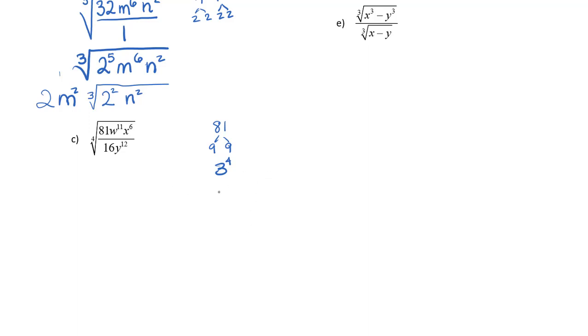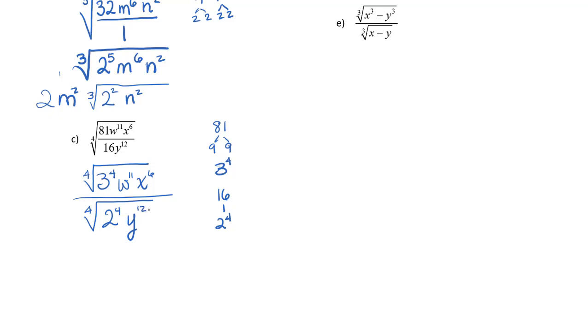And then 16, well, we know that that's 4 and 4, so this is equal to 2 to the 4th. And I think we're just going to have to rewrite it. The 4th root of the numerator, which is going to be 3 to the 4th, w to the 11th, x to the 6th, all divided by the 4th root of 2 to the 4th, and y to the 12th.